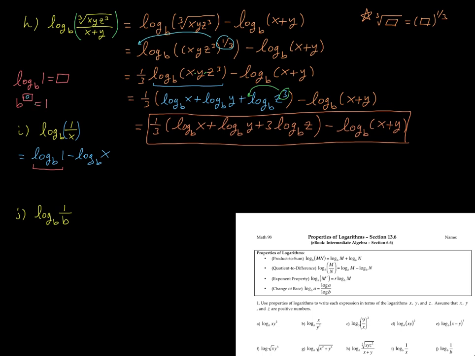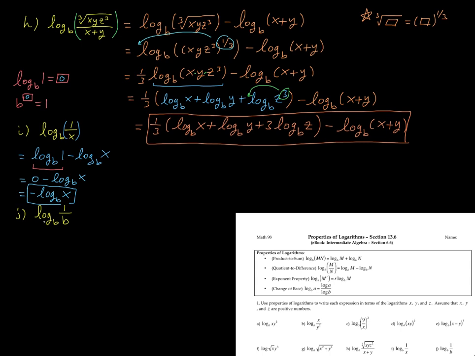Because anything to the 0 is equal to 1. So here, the log base b of 1, in fact, is 0. So this is going to equal 0 minus log base b of x. And that then is minus log base b of x.